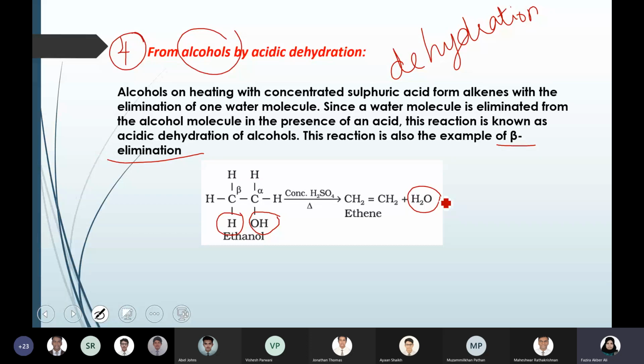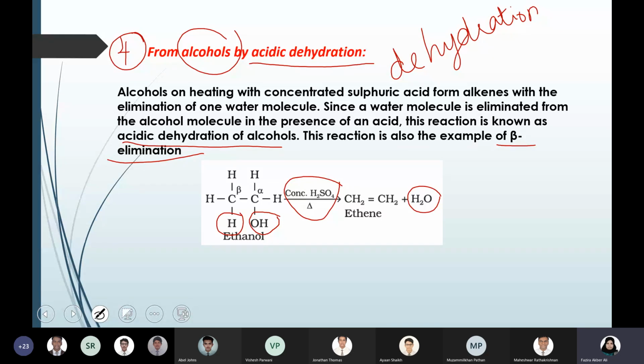So this is an example of a dehydration reaction, done in the presence of an acid, because you know that concentrated sulfuric acid is strong and is a good dehydrating agent. That is why they say it is acidic dehydration, because you used an acid. So acidic dehydration means dehydration taking place in the presence of an acid.